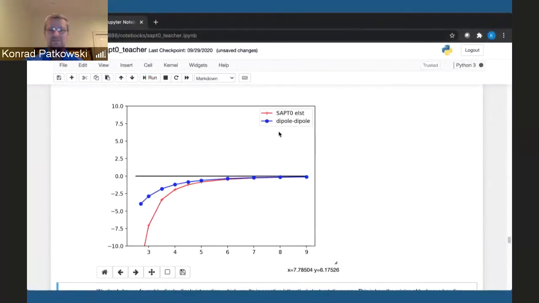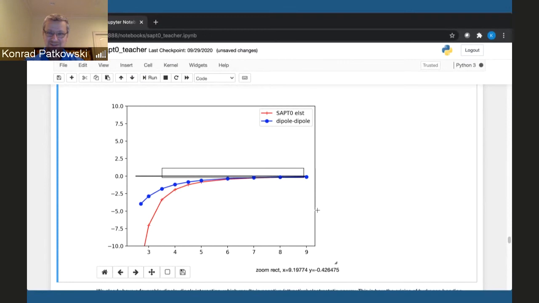And now we can compare the entire SAPT electrostatics with just the dipole-dipole term. And we expect, of course, the same behavior at long range, but at short range, charge penetration effects, which several people here at this conference have very nicely elucidated, kick in and change the behavior.